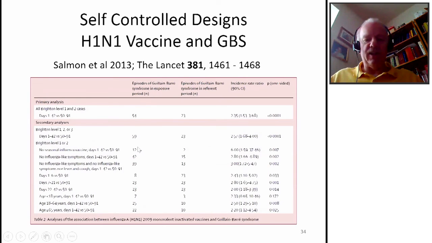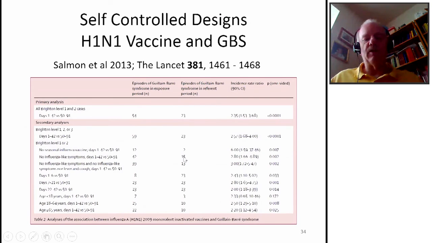So that suggests even in people who didn't get the flu vaccine, there's a striking difference in the time course of the Guillain-Barré. And then similarly, these are people who never got flu, or at least they never had flu-like symptoms. 42 events happened in the first 42 days, whereas only 15 events happened within the last 42 days.